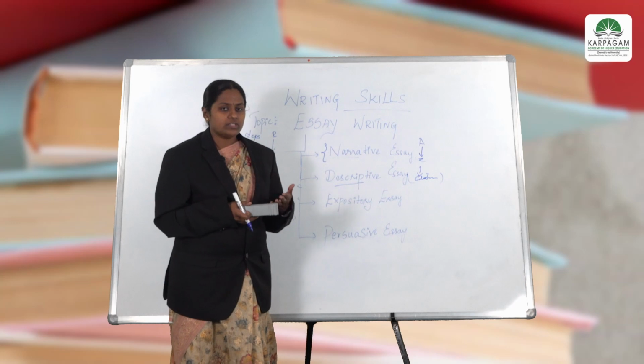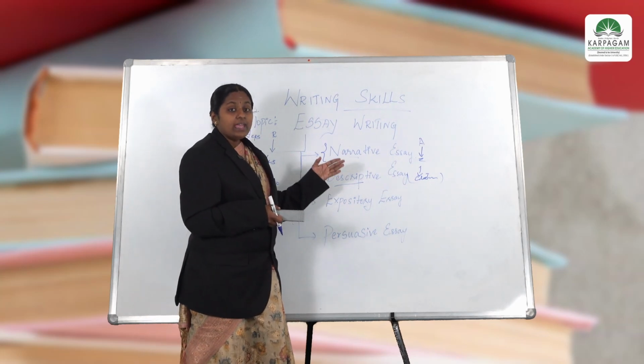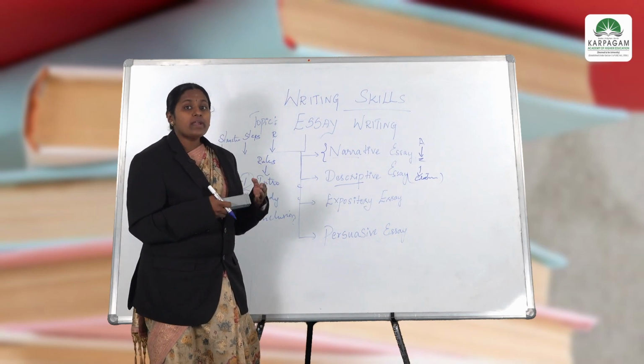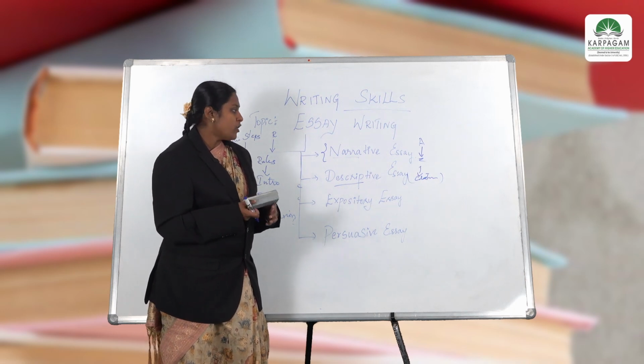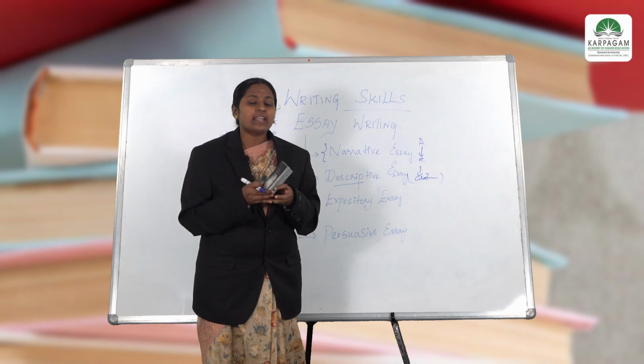I think now you will understand what a descriptive essay is. It creates a description about a particular fact, incident or object, whatever you have. For example, this duster. Tell about this duster, describe the duster.